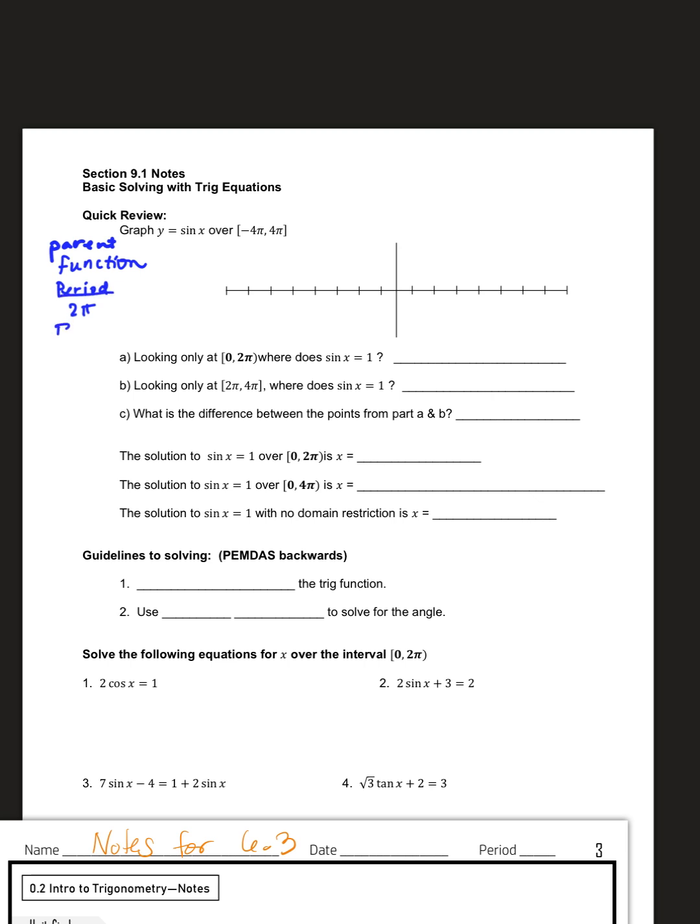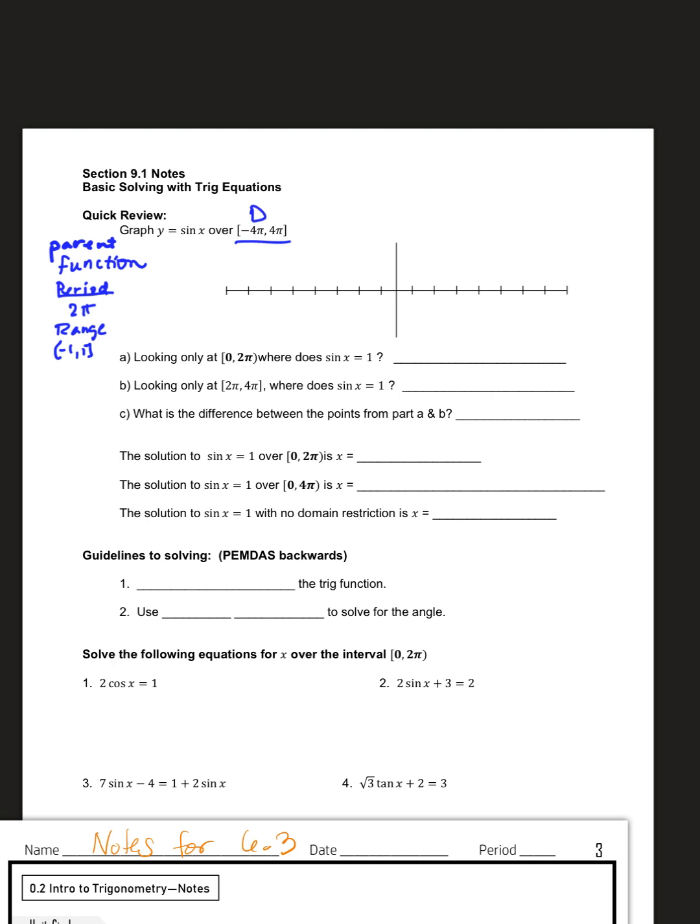The range goes from negative 1 to 1. And when we do this, we're counting by pi over 2. This is your domain.